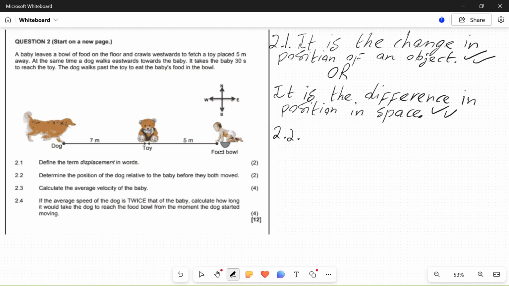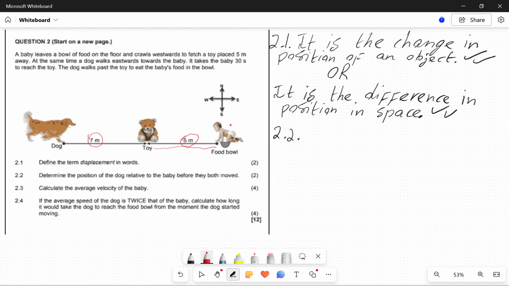And we can see that for us to see the position of the dog, we will look at this distance here. So we will look at the distance from here to here, and that is 5 meters, and then we'll add it with this distance here, and that is 7 meters. So the dog is 5 meters plus 7 meters away from the baby.